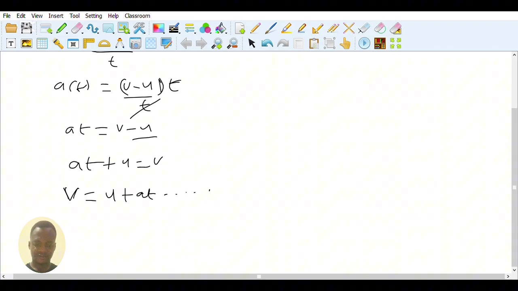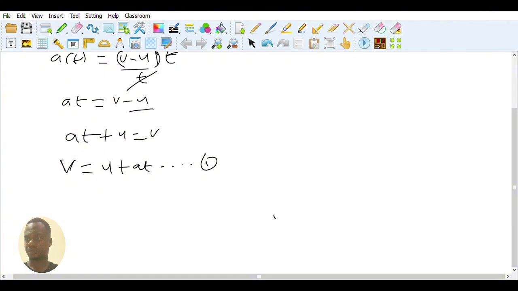So this is the first equation of motion.